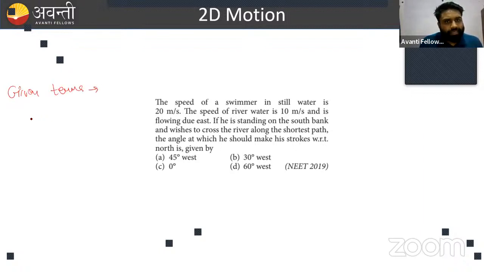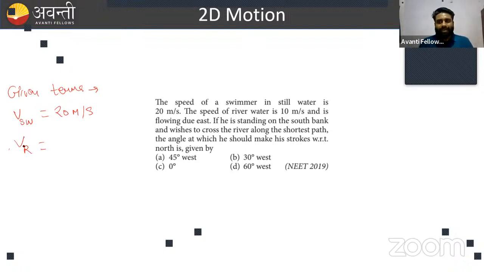So what we are given is the speed of the swimmer in still water, VSW. What is the value of this? The value of this is 20 meter per second. Speed of the river water is measured with respect to ground.